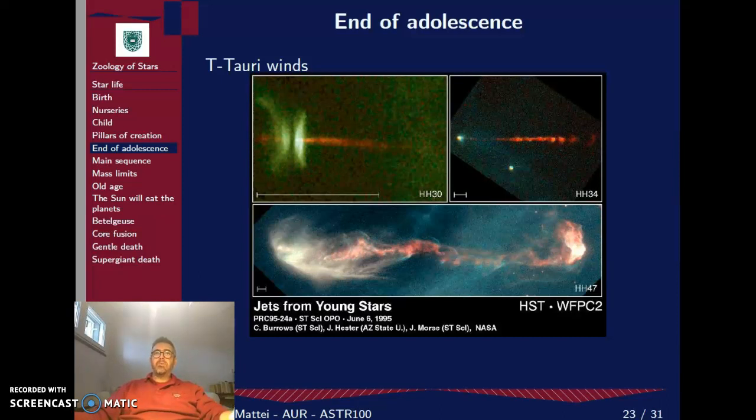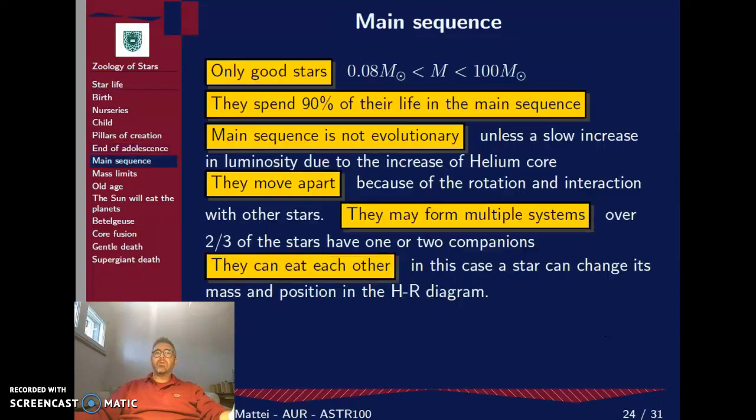So from this picture to that picture, we are zooming in on the jets. They can be really, really extended, as you can see in the first picture. And when you get closer to the stars, you see where they are emitted from the core of the cloud we see here, which is just the emission of a single star in this case. So these are called the T-Tauri winds.